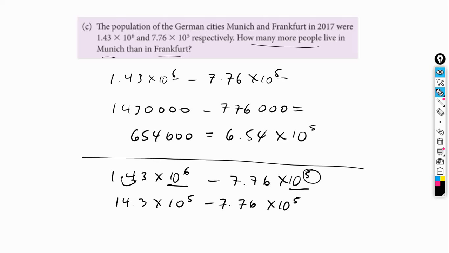So now that both these numbers are to the same power, I can subtract their coefficients. So I would simply have to go 14.3 minus 7.76, and that's just going to be 6.54. And then we rewrite times 10 to the 5.